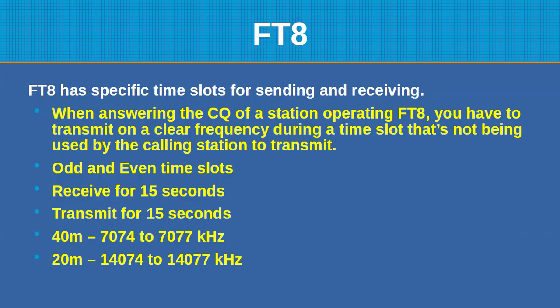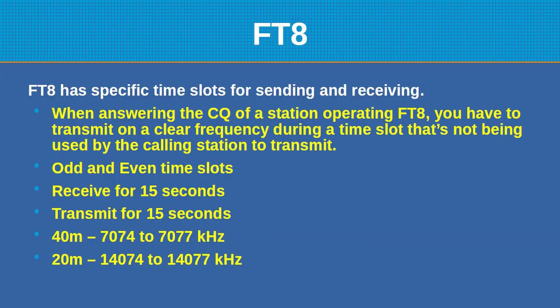The 3 kilohertz is picking up 3 kilohertz of background noise, which is added in to that 50 hertz wide FT8 signal. So your signal to noise ratio is kind of the ratio of how strong that FT8 signal is to the total strength of that 3 kilohertz bandwidth.